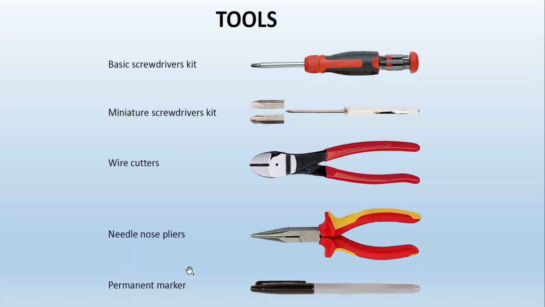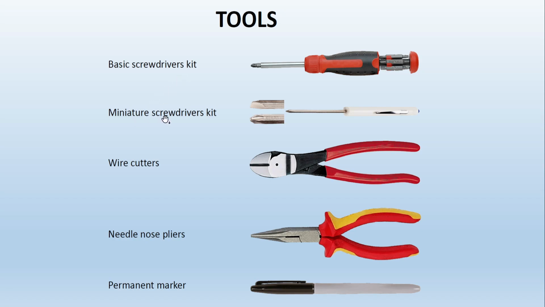So then I also included tools, a basic screwdriver kit. Phillips number one, Phillips number two, Robertson number one, Robertson number two. Sometimes you might want to get Phillips number three as well, and a slotted screwdriver, quarter inch is fine, or 3/8 of an inch as well. You might want to get both.